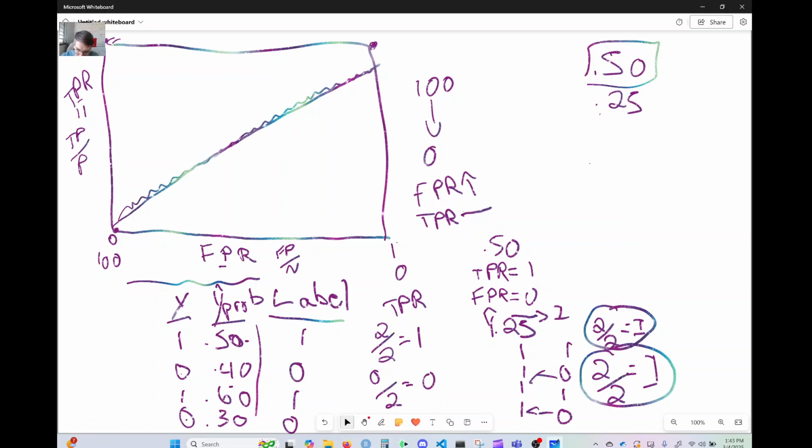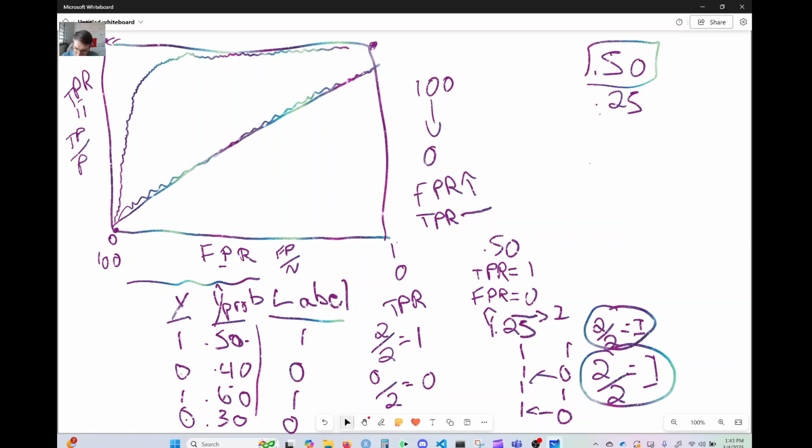Now, ideally, what will happen in a good model is as you move the threshold lower and lower and calculate these two values, the true positive rate and the false positive rate, the true positive rate will increase quickly, right? And the false positive rate will not. But gradually what will happen is that the false positive rate will continue to get bigger and bigger, right?